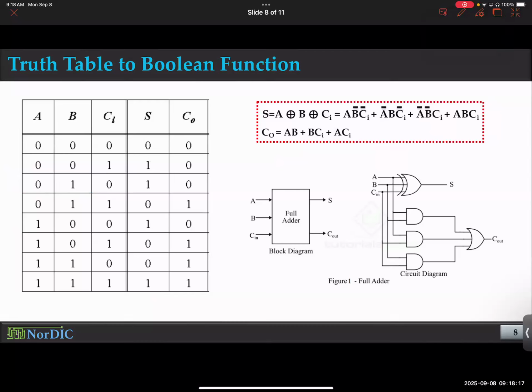Let's do the observation first. Let's take a look at where the output becomes 1. Let me mark them: 1, 2, 3, 4. Can anybody see a pattern here?